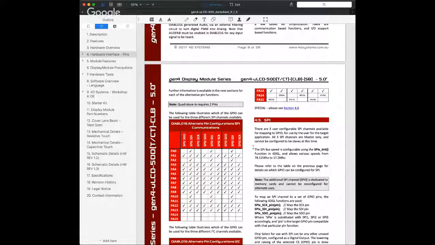And then on top of that, I will also be digging into the Diablo 16 microcontroller. I like to think that it's actually not just a microchip, right? So it's a microcontroller.